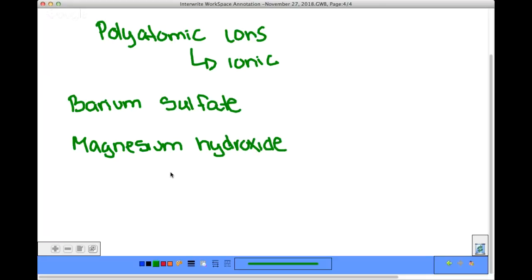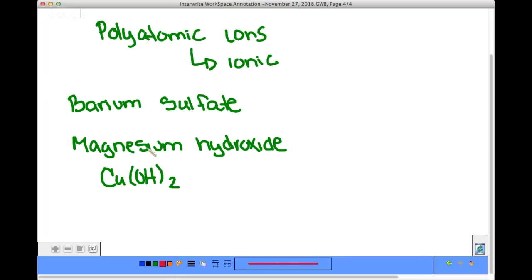Let's write the name for, let's see, let's do this one. This is a good one. CuOH2. So let's work on these. So these all involve polyatomic ions. Let's write the chemical formulas for these, and then we'll name this compound right here.